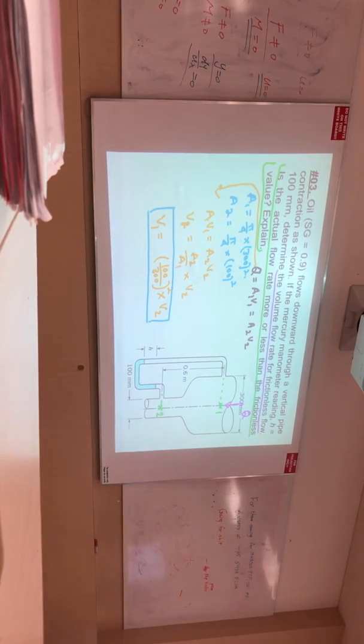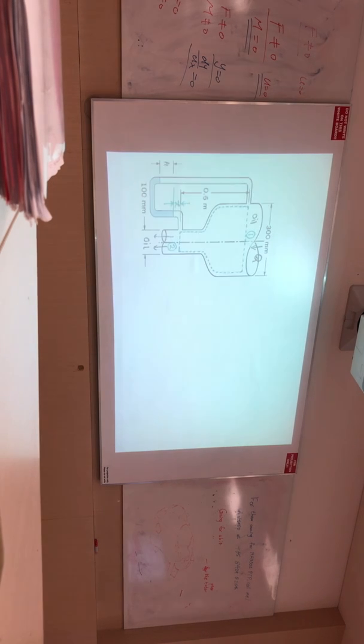So now I am applying Bernoulli's equation between 1 and 2. You can see this is the oil, right? Between 1 and 2. So what can we write? Tell me.